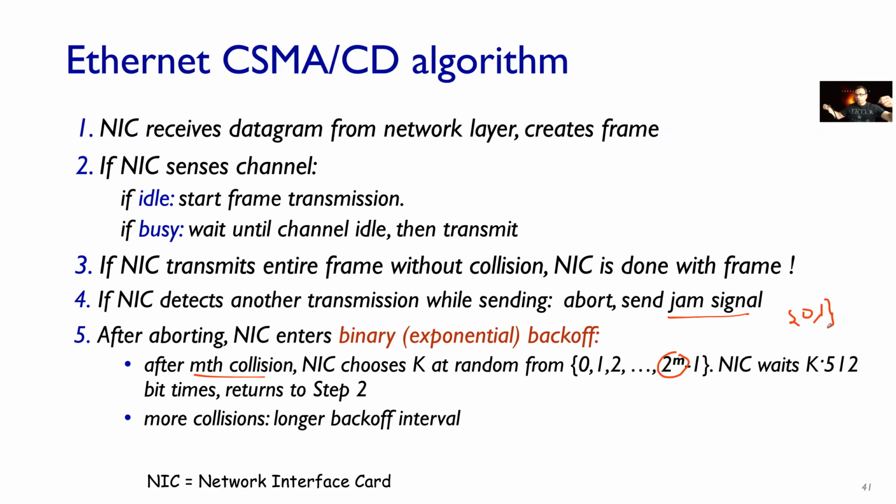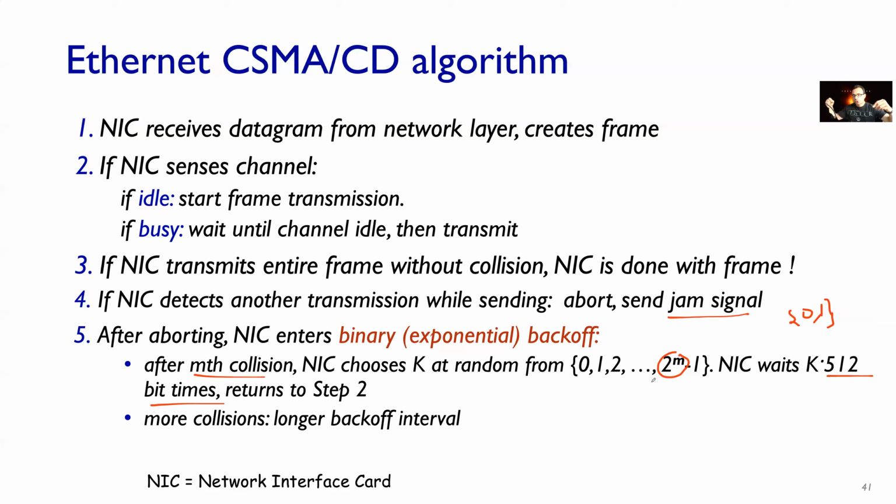The two nodes involved in the collision will either pick a 0 or a 1. Then they will count down, which means you wait for this duration of time. This bit time means the time to transmit one bit. So 512 bit times means the time to transmit 512 bits on that particular network. It's some constant. We don't care.